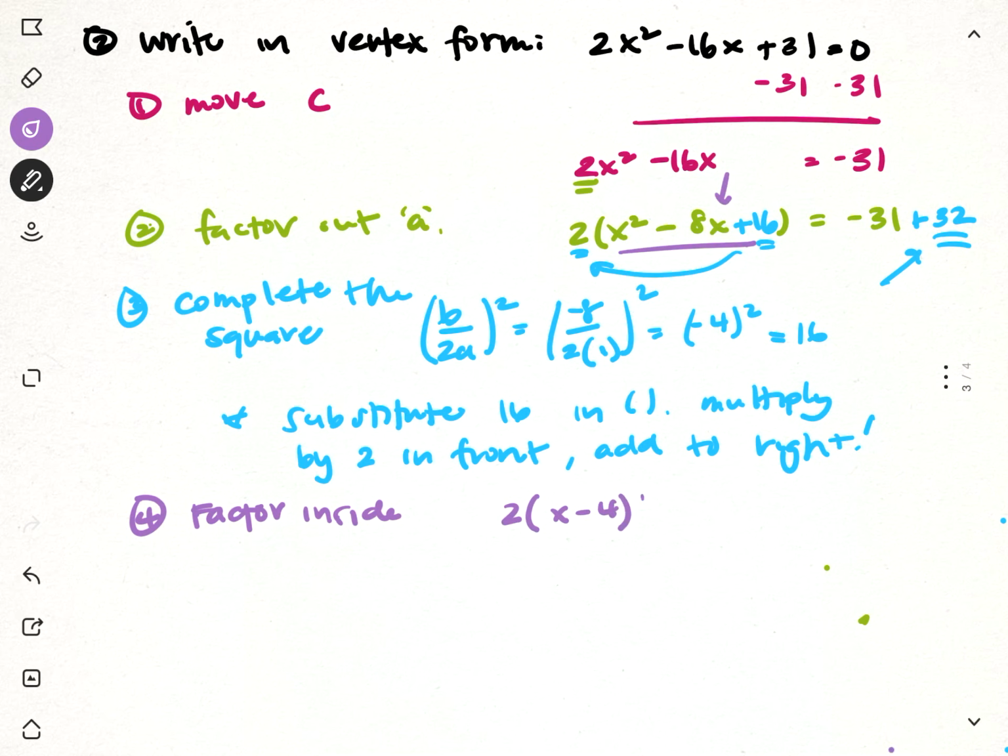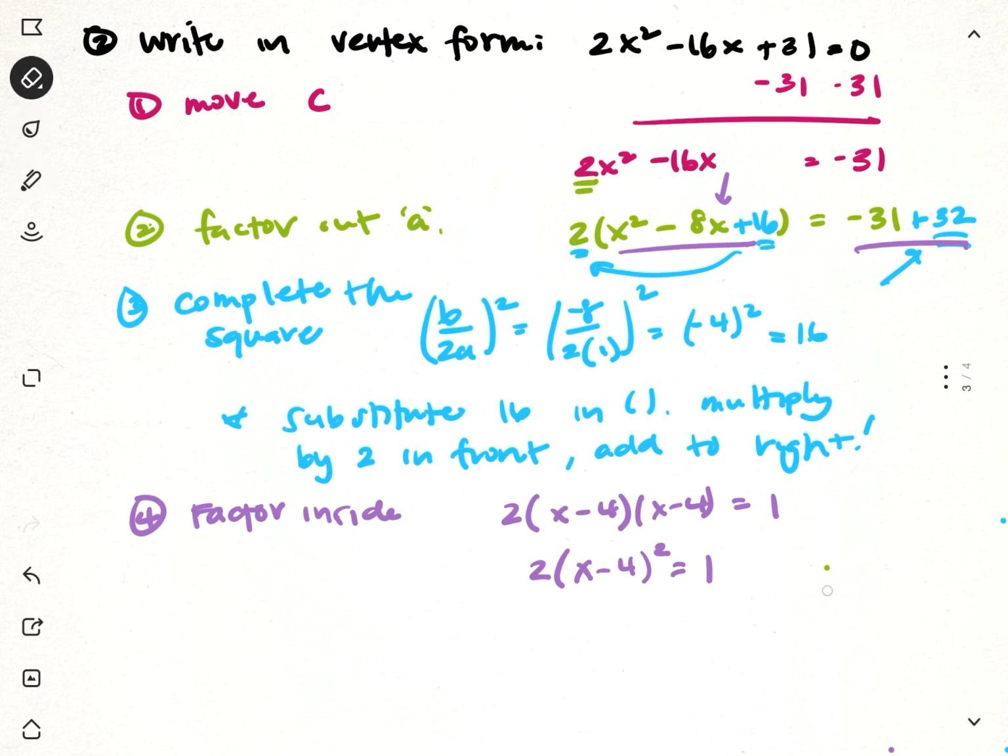You can write it again if you want to. Equals -31 plus 32 is 1. Now the easier way to do it is just to jump to this part because we know that we've got it correct, I hope. I hope we did the math correctly up to that point so we don't have to worry about it. But x minus 4, and x minus 4 times itself is just x minus 4 squared.